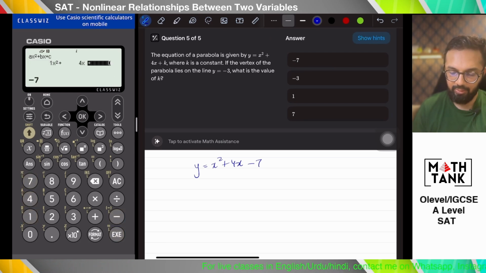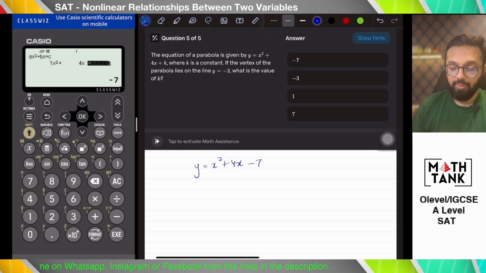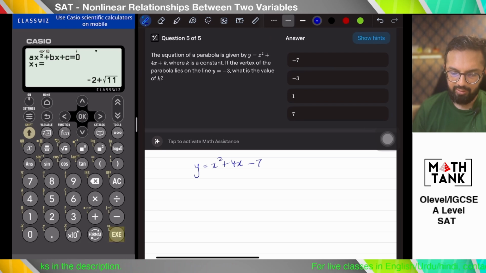I could also do it without trial and error by using the formula, or I could also do a bit of completing the square as well. That should also give me the correct answer in terms of k, but that's going to be more challenging. So let's see if I can find out. No, this gives me -11, so I'm going to change that and go with answer option B.